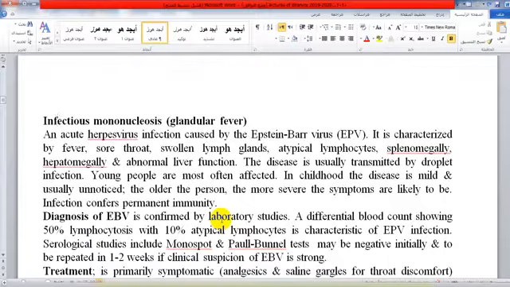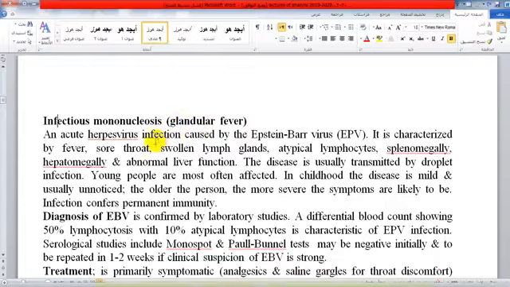I want to take an example of the viral infections, which is very important because sometimes the diagnosis cannot be reached, especially because the symptoms and signs are similar to acute bacterial tonsillitis. This disease is infectious mononucleosis, or we call it glandular fever.